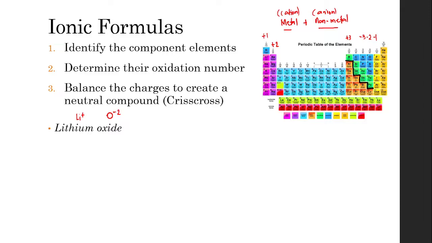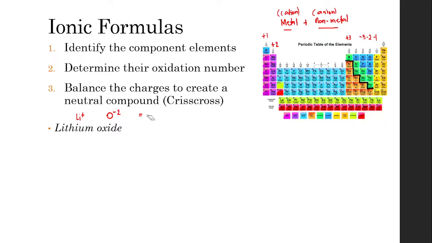Now, after identifying this oxidation number, what you have to do next is to balance the charge to create a neutral compound. What do we mean by that? Meaning, if we add our numbers, we should have a formal charge of 0. So this is positive 1 plus -2, and you have a -1. So what it's telling you is we cannot just combine these two because we will not create a neutral compound.